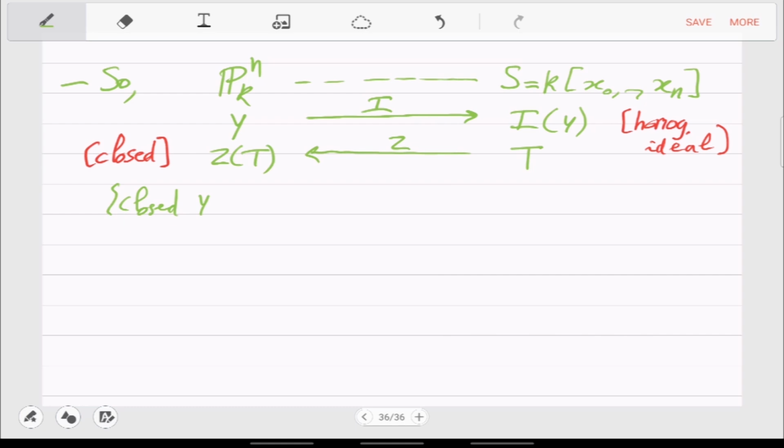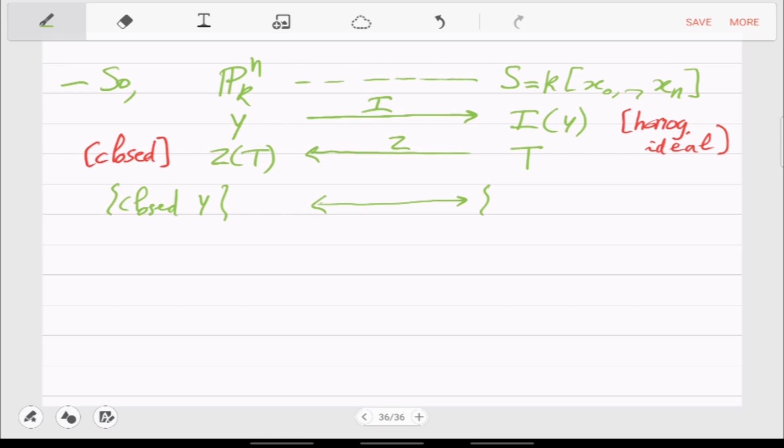So closed sets are in one-to-one correspondence with what? Not homogeneous ideals, but you have to take the radical. Again, this is a version of Hilbert's Nullstellensatz, identical to what we proved before.